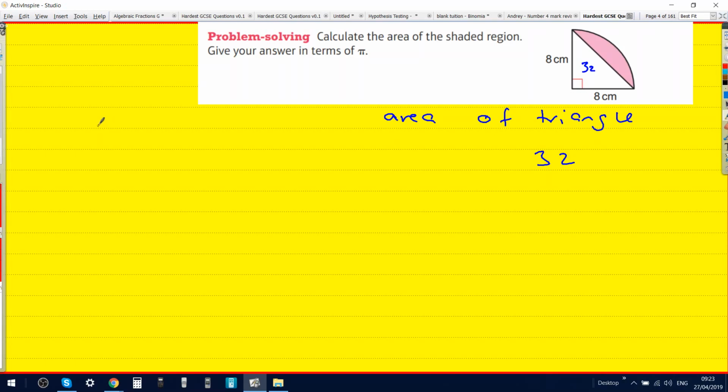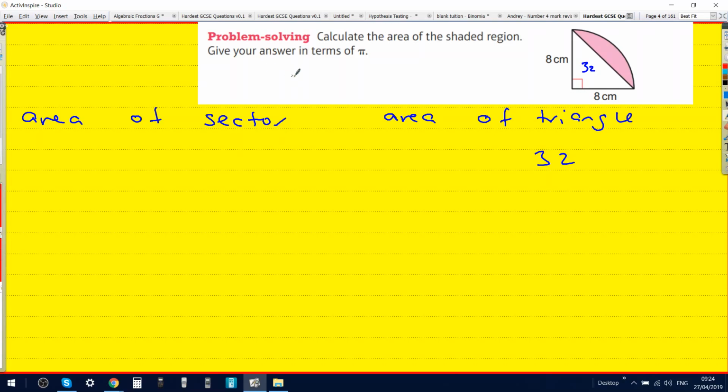What fraction of a circle is it? I'm really not sure what I wanted to do.